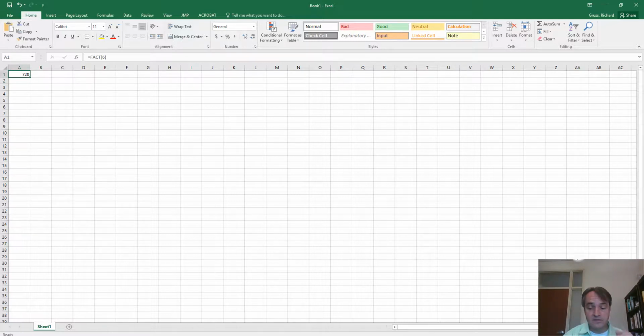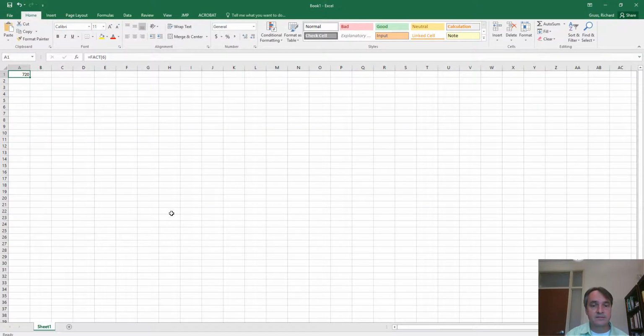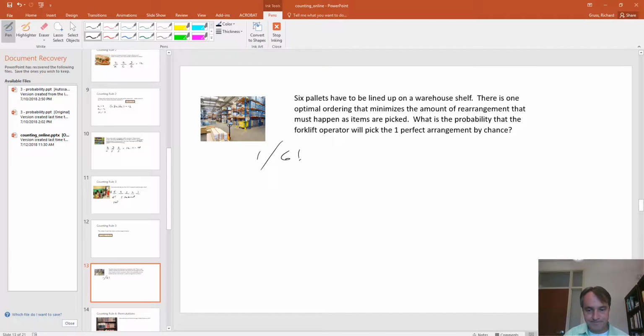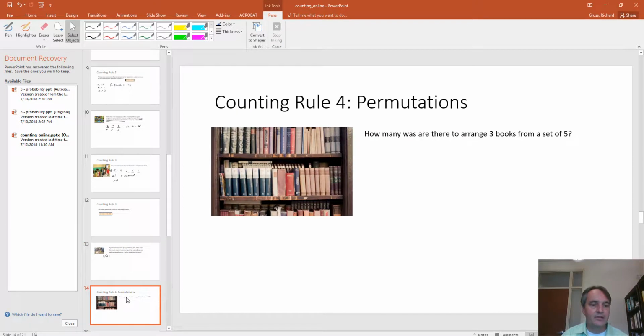So 720 different arrangements of 6 pallets. So the probability of picking the optimal one at random is 1 over that. So you see it's very small. It's 0.1% that he's going to do it right, just using luck alone. Okay, so there's counting rule number 3.